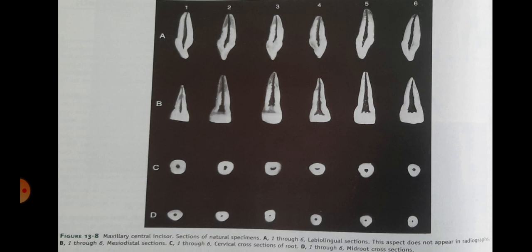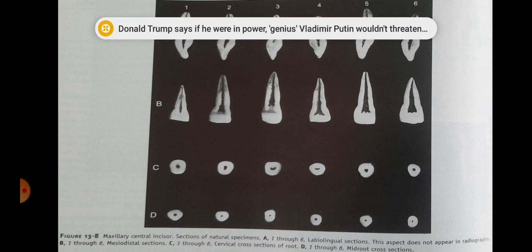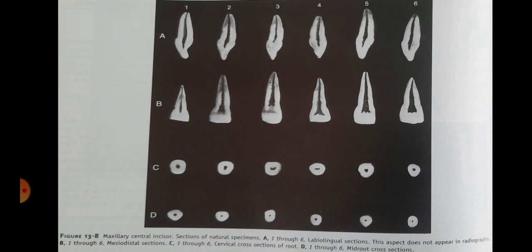The pulp cavity conforms to the general shape of the outer surface of the tooth, which is a general rule. That is, the pulp cavity conforms to the general outline of the tooth crown and root.